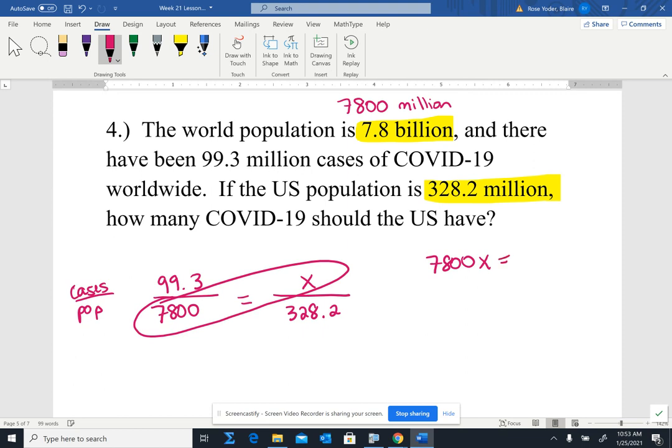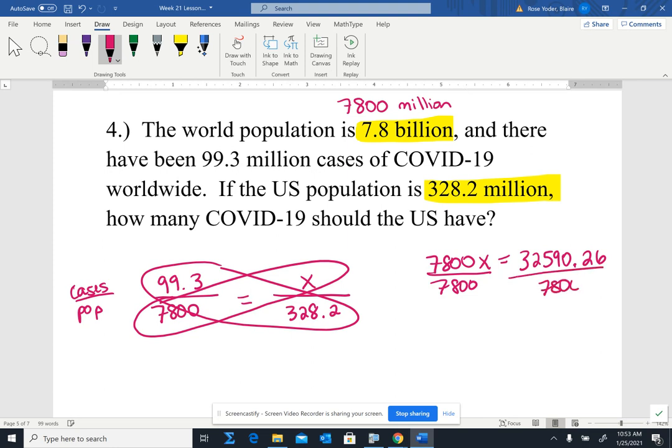And then I need my calculator in order to cross multiply that one: 99.3 times 328.2. I got 32,590.26. And then I can just divide both sides by 7,800. And that is going to give me my solution.